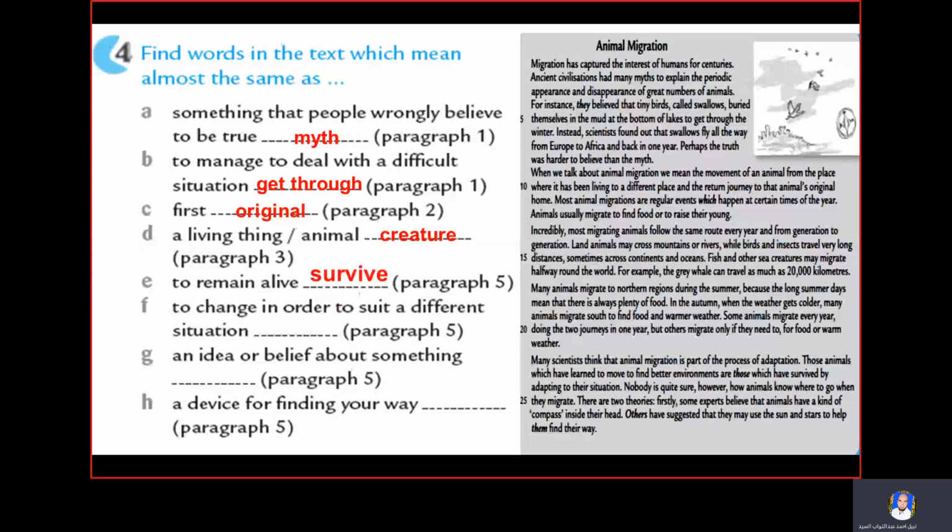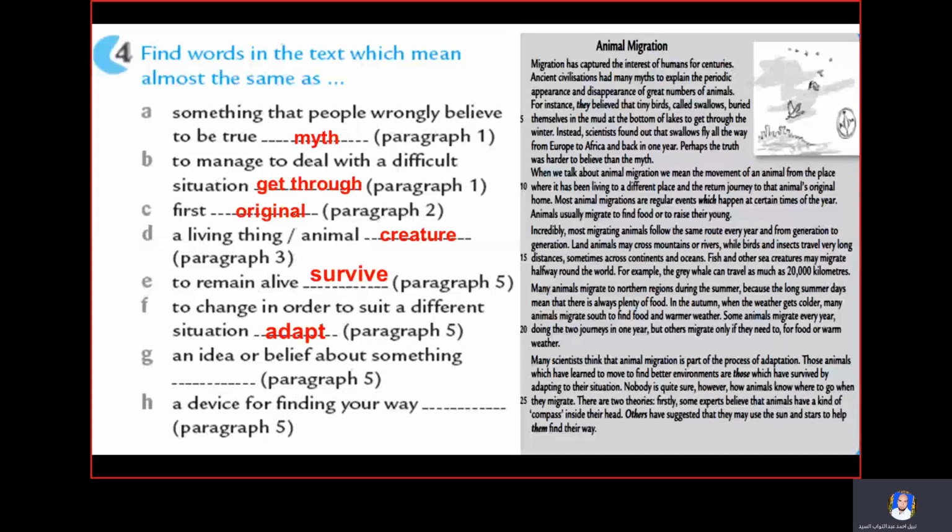Survive. In paragraph 5, to change in order to suit a different situation. Adapt. And we have known the noun adaptation previously. So to change in order to suit a different situation, adapt, يتكيف, يتأقلم.